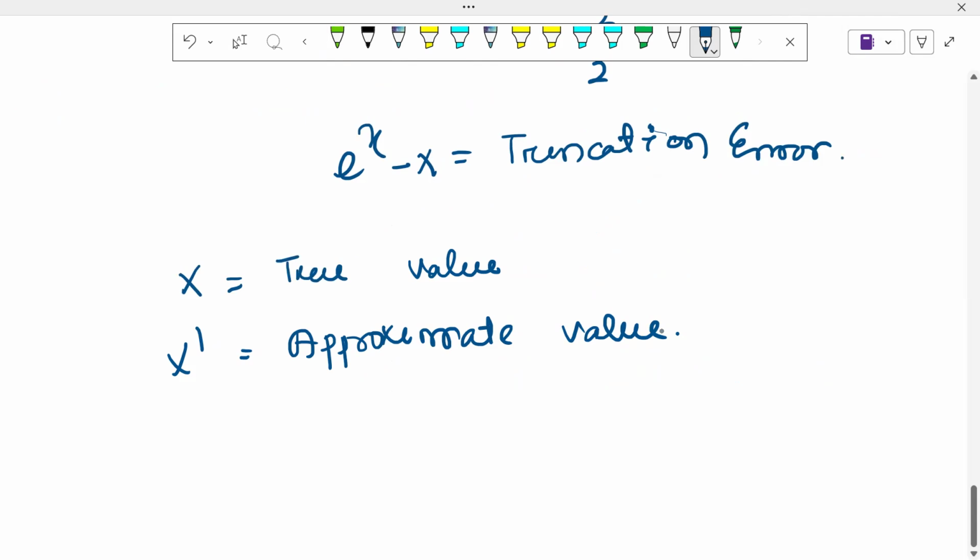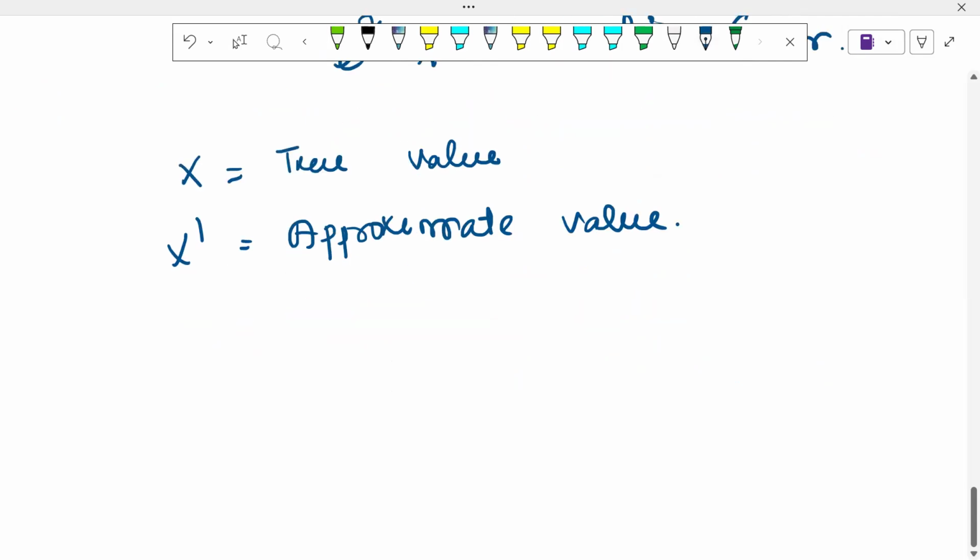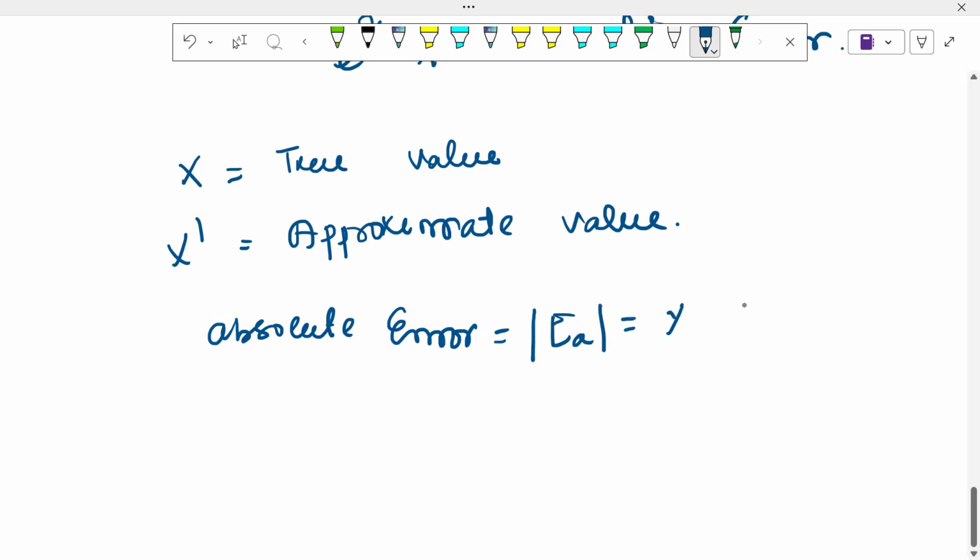Then the error x minus x dash is called the absolute error, EA, that is x minus x dash.